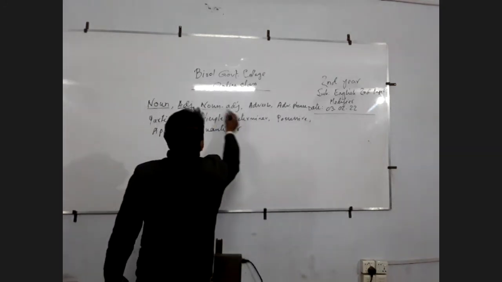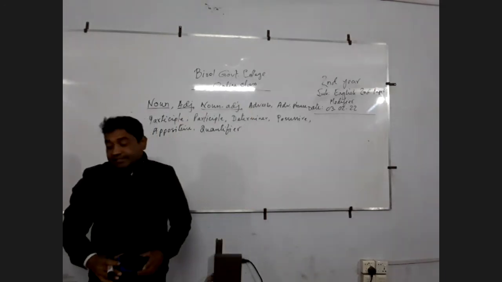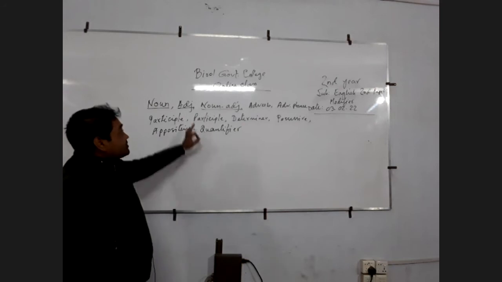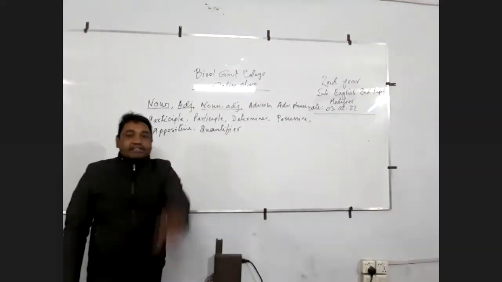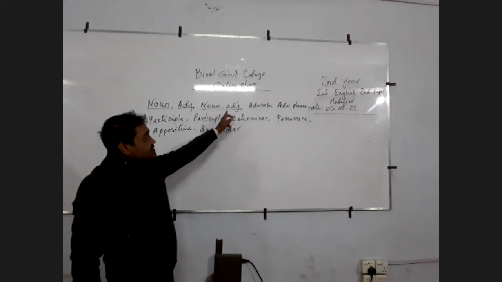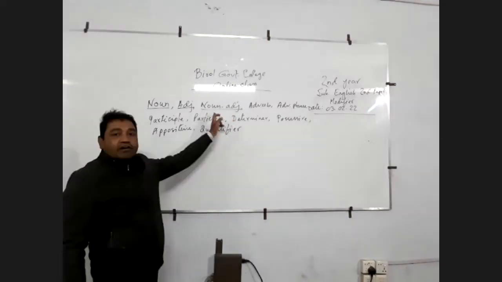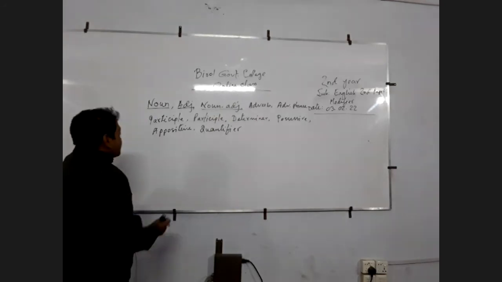Now, noun adjective. Here, though the word noun is before adjective, when you get such kind of instruction, you have to use at first an adjective, then noun. This is called noun adjective.